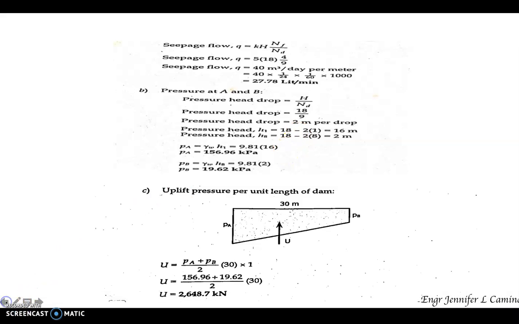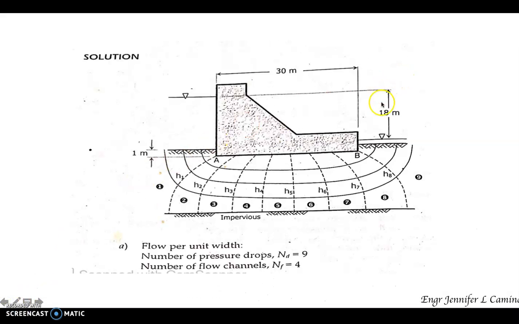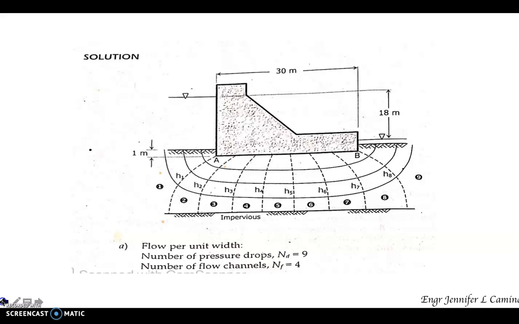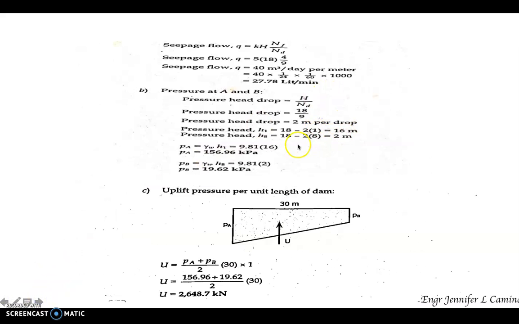Actually, this is our figure, and this is our point A. So that would be 18 minus 2, meaning the pressure drop multiplied by the position of point A, which is located here at the first point, times 1, so that is 16.